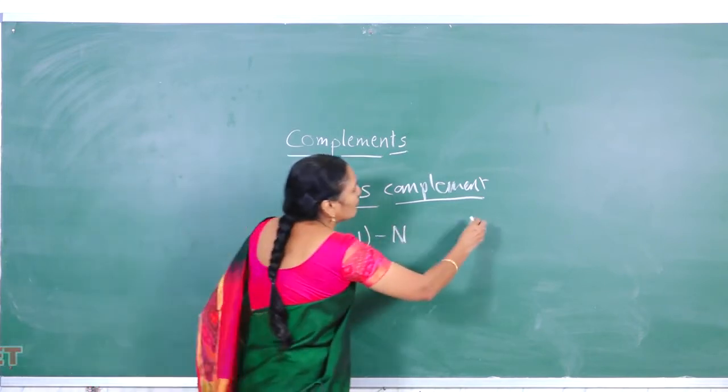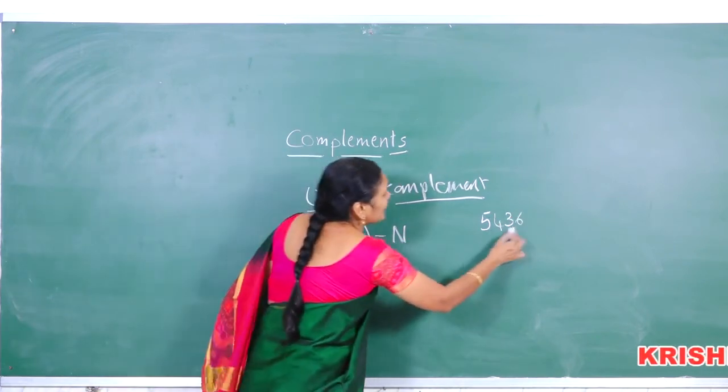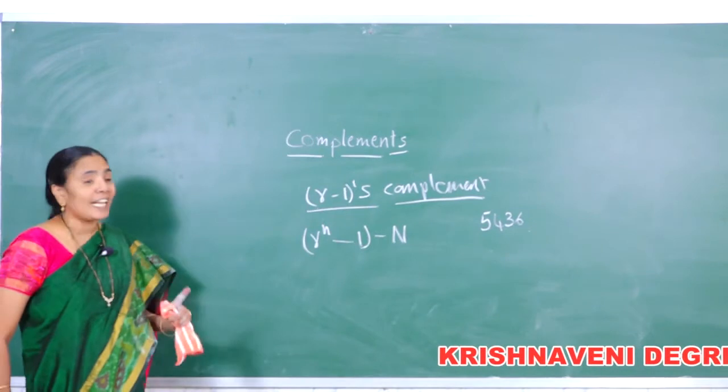Let us assume we have the number 5436. The given number is a decimal number, so the radix is 10.